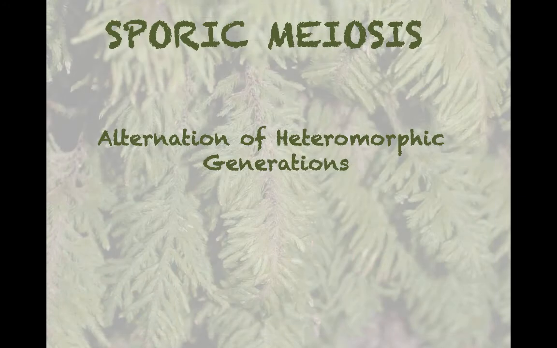So let's look at that. Another term that people use for sporic meiosis is the alternation of generations. And a special type of that is the alternation of heteromorphic generations. Okay, so basically what this means is you have two generations alternating, and they're different from each other. Okay?